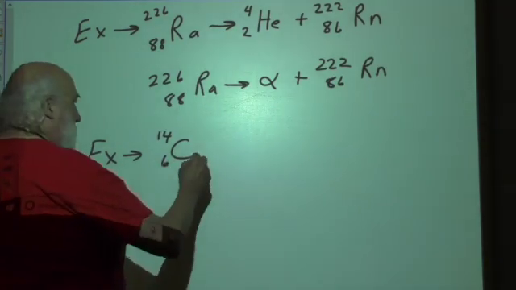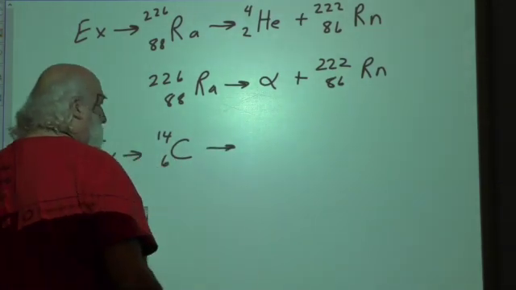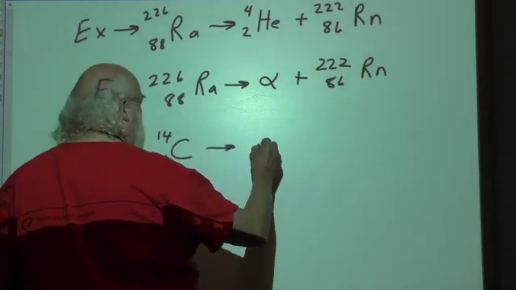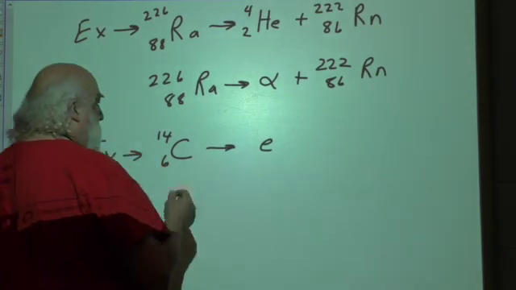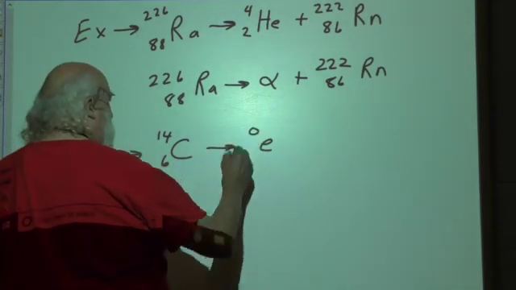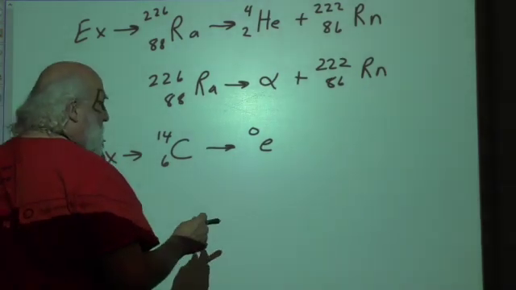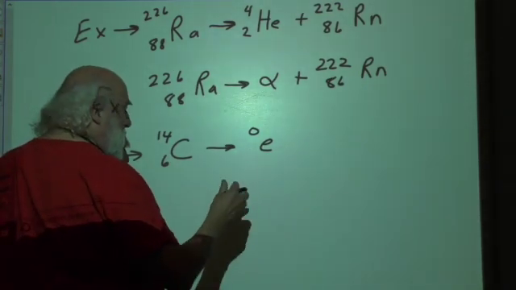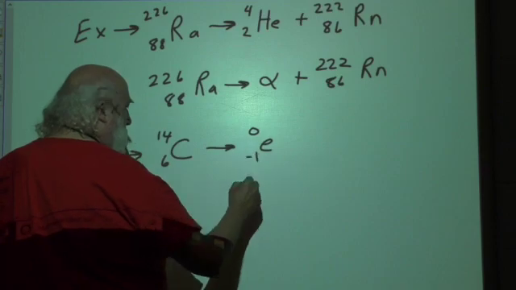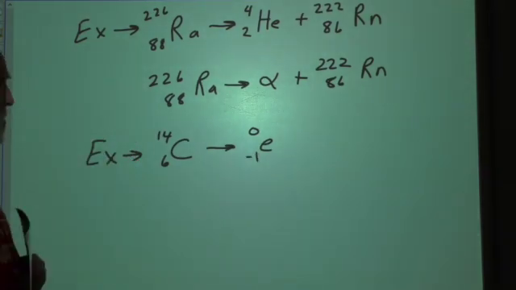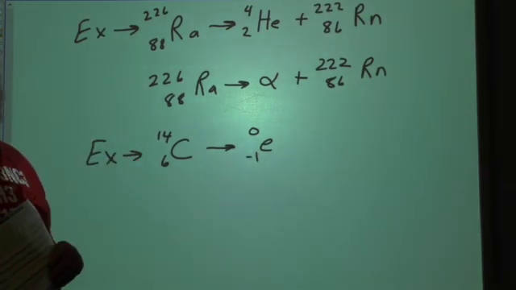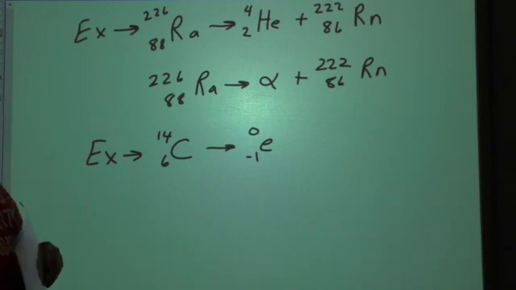It says it goes through a beta decay, and for a beta decay, we use e, and when it decays, it does not change the mass because it's so small, but you will change the atomic number of the nucleus for whatever reason, and I can't really explain that to you.